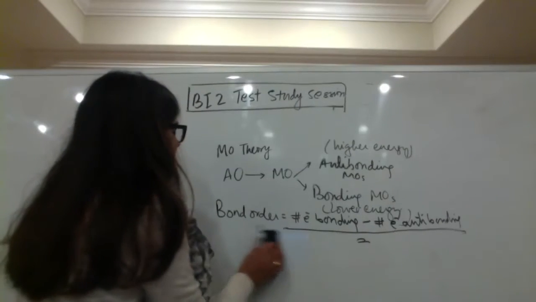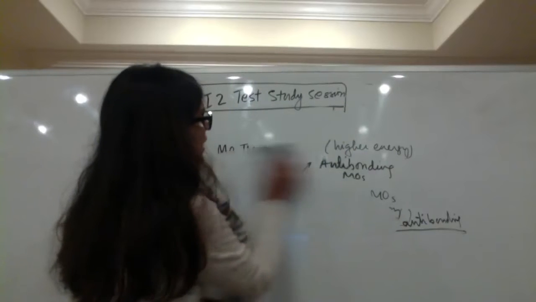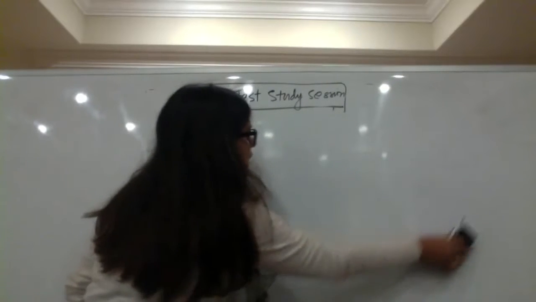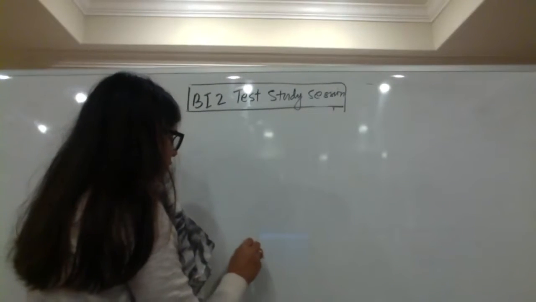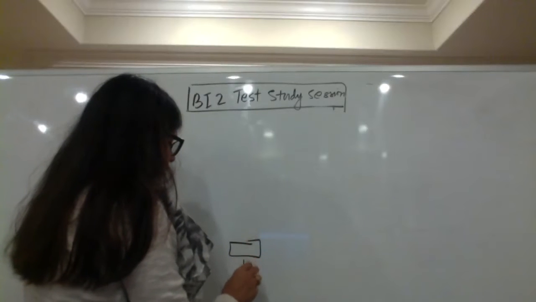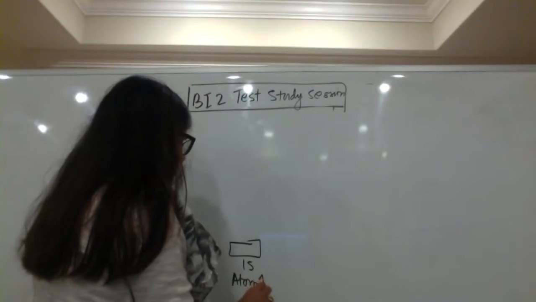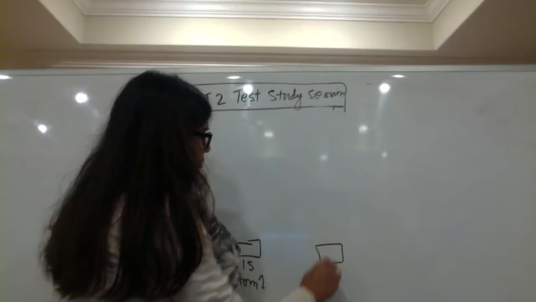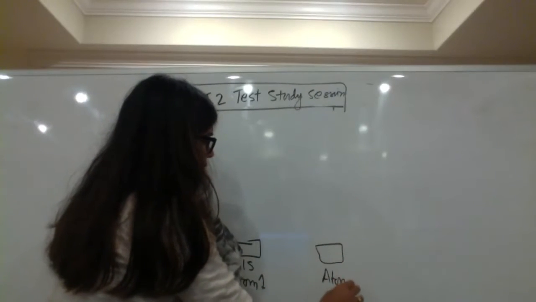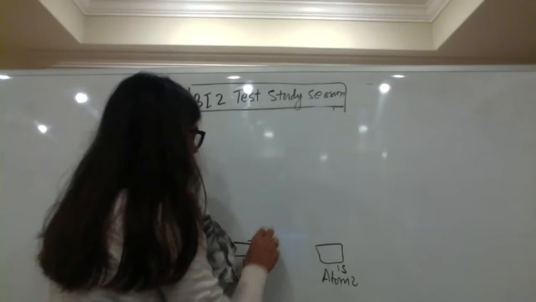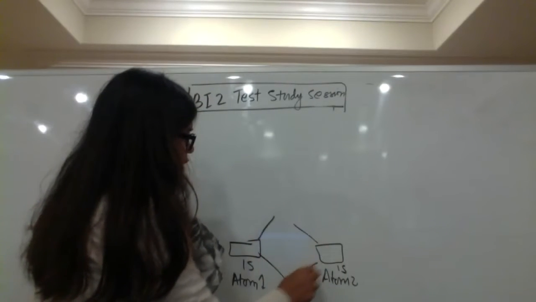Now, what happens in MO theory is, at our level, they'll give you the diagram. For example, atom 1's 1s orbital, atom 2's 1s orbital, they'll combine to form molecular orbital.